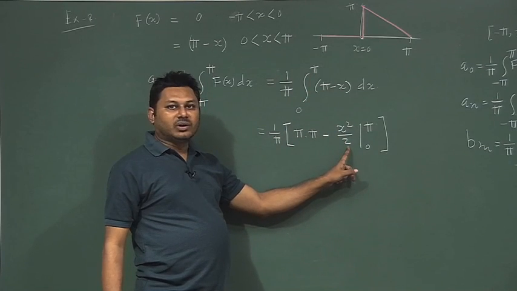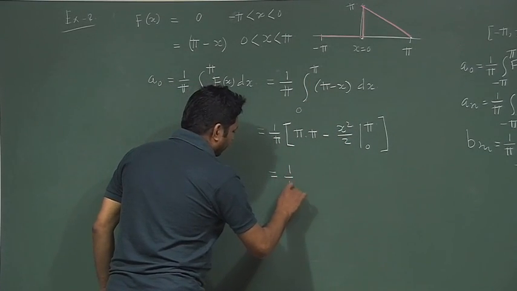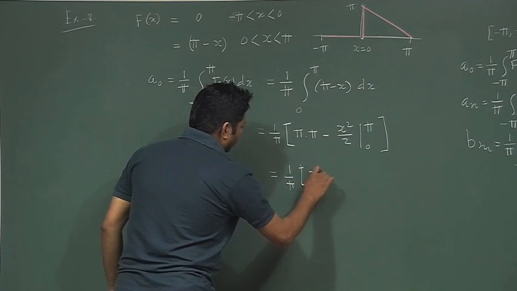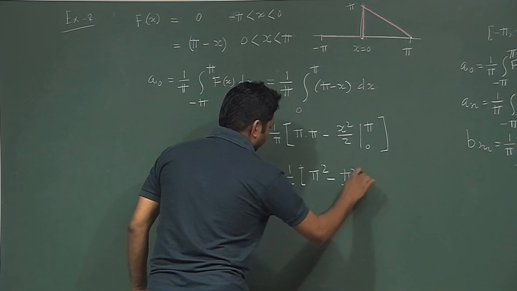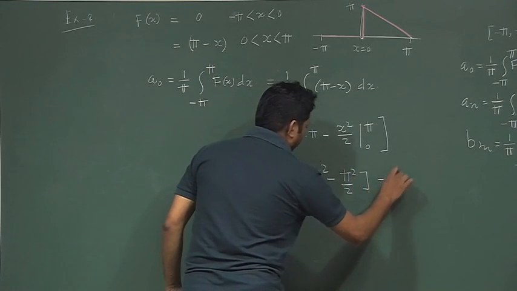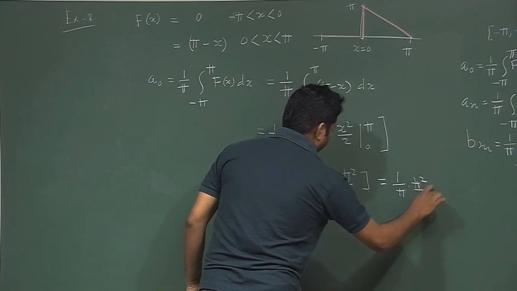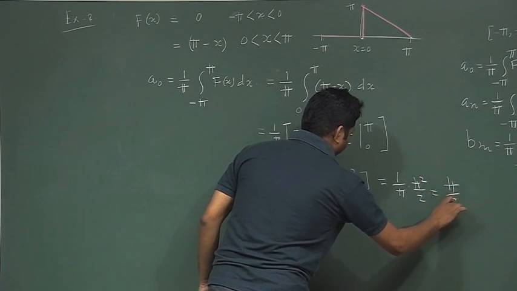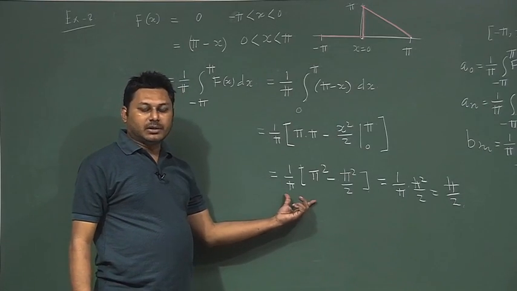So, 1 by pi times pi square minus pi square by 2, or 1 by pi times pi square by 2, which is pi by 2, straightforward.